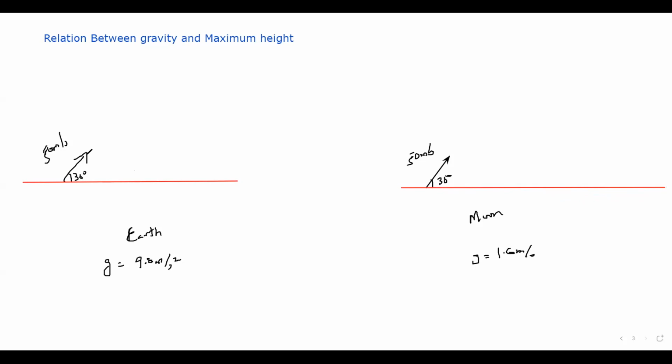Because the earth is pulling with a stronger gravity, it will have a greater deceleration, so the vertical speed will decrease faster. So this projectile will return to the ground quickly. But because on the surface of the moon gravity is weaker, it will take more time to slow down the velocity, and it will reach a greater height compared to that on the earth.